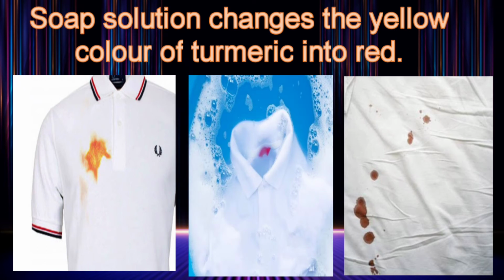You might have noticed that a yellow turmeric stain of curry on your white shirt turns red when it is washed with the soap solution. This is because the soap solution is basic in nature, which changes the yellow turmeric color to red.